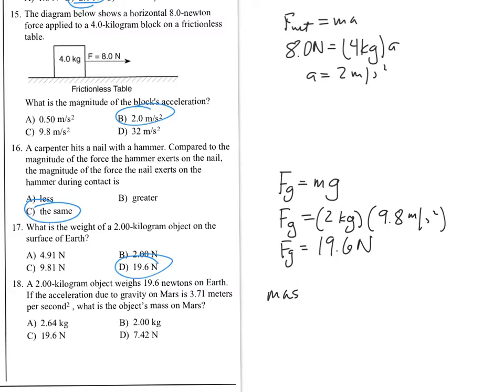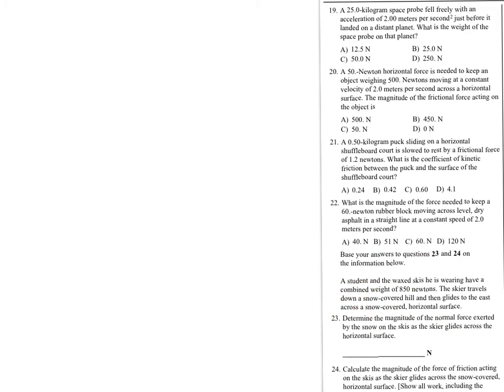Mass never changes. Let's stress that with some underline there. So if the mass of the object is 2 kilograms on Earth, it should stay 2 kilograms on Mars. Choice B.